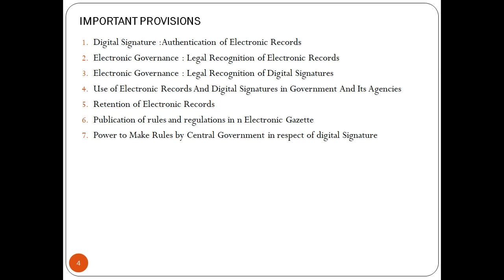The first one is any subscriber may authenticate an electronic record by affixing his or her digital signature. Next one, the authentication of the electronic record shall be effected by the use of the asymmetric crypto system and hash function, which envelop and transform the initial electronic record into another electronic record.